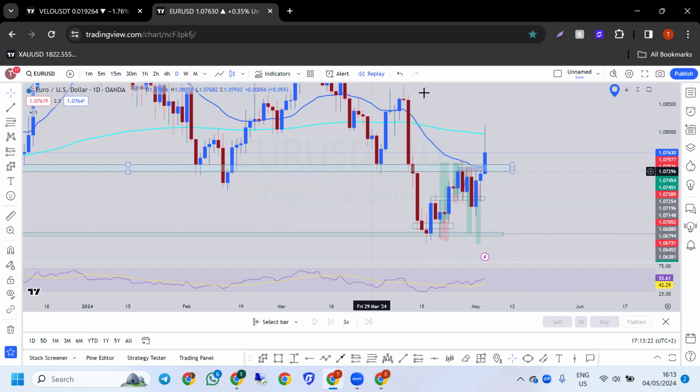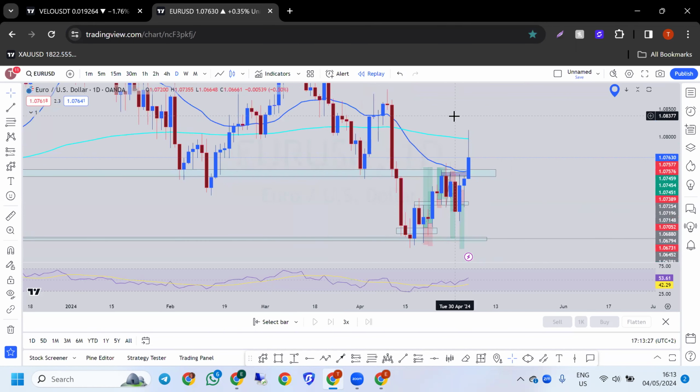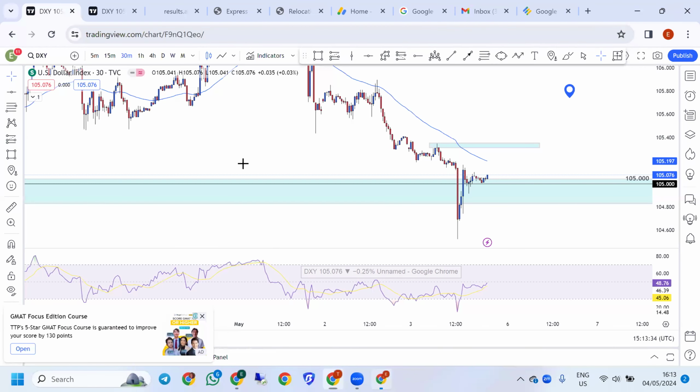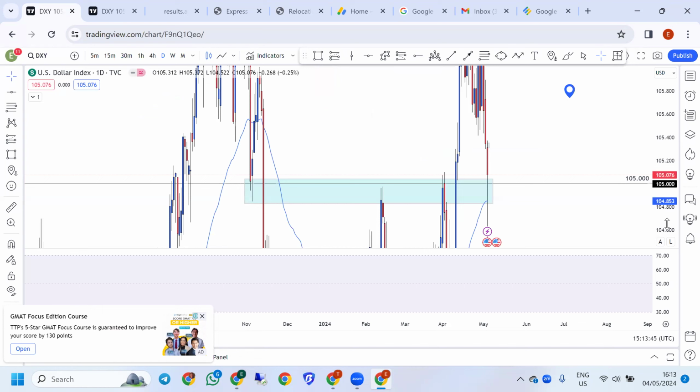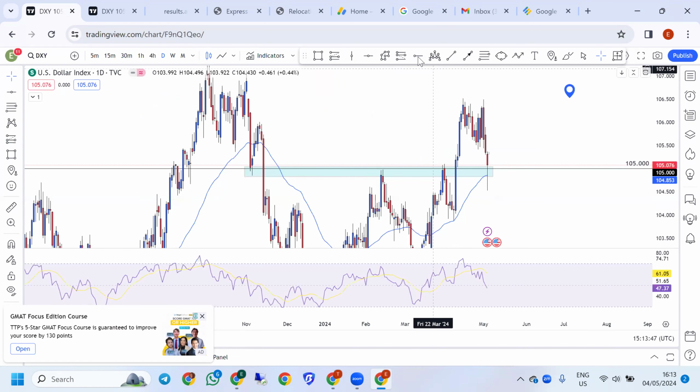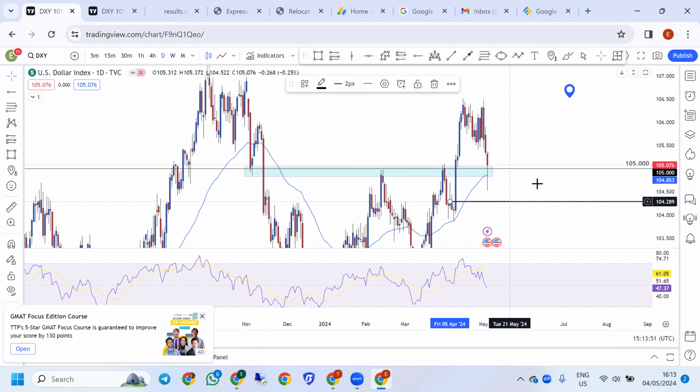What we now wait for is maybe the market should come up here, test this, then come down here more to test this on daily. What I'm seeing, let me just mark it: come down here to test this block and start going back up.